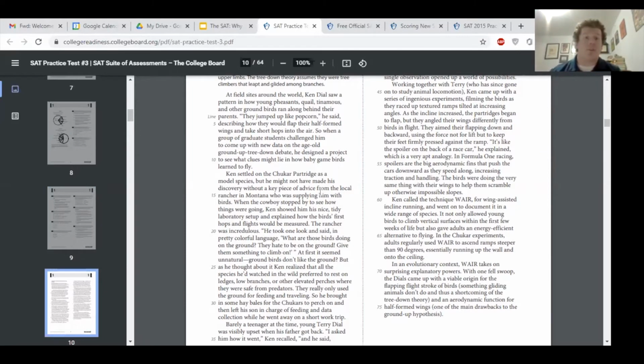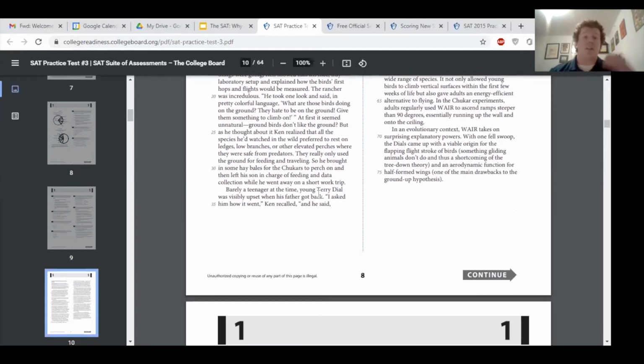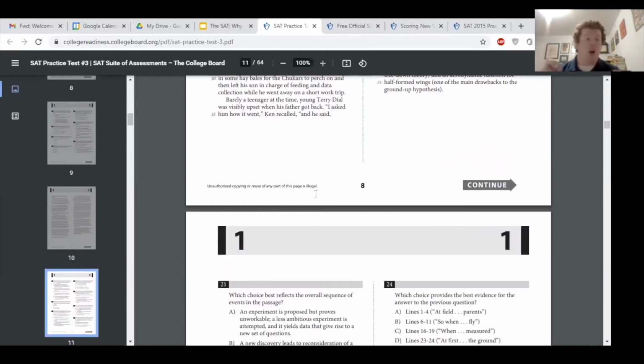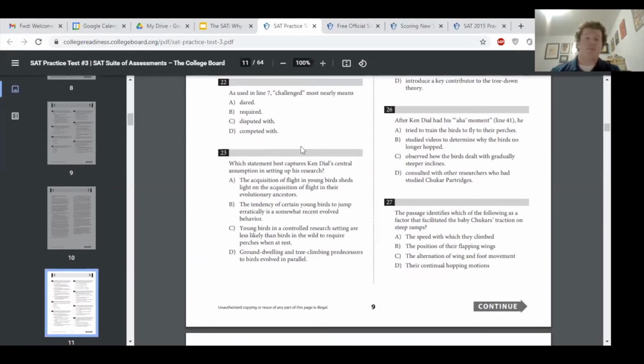If you're having trouble with a term they keep referring to or a concept, there is going to be somewhere in that passage where it is explained or some sort of context clue where you'll be able to figure out what that means so that you can use it in other parts of the passage. So that's something to look out for when you get to those hard science passages.